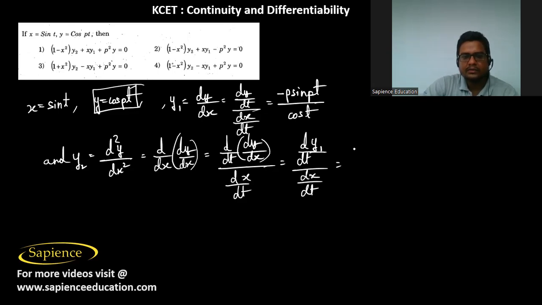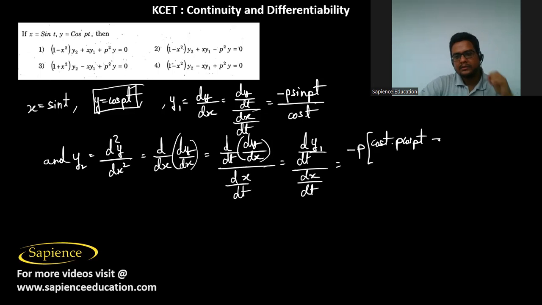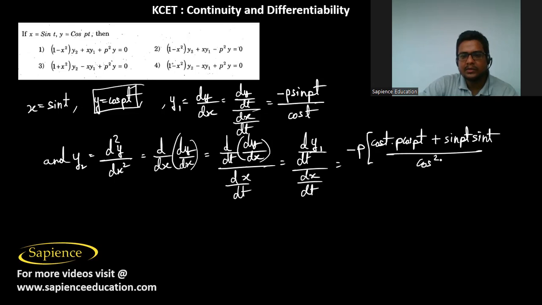So d by dt of y1, that will be minus p into cos t into p cos pt, then minus sin pt into d by dt of cos t, which is minus sin t. So it will be plus sin t divided by cos square t. So this divided by dx by dt, which is cos t.